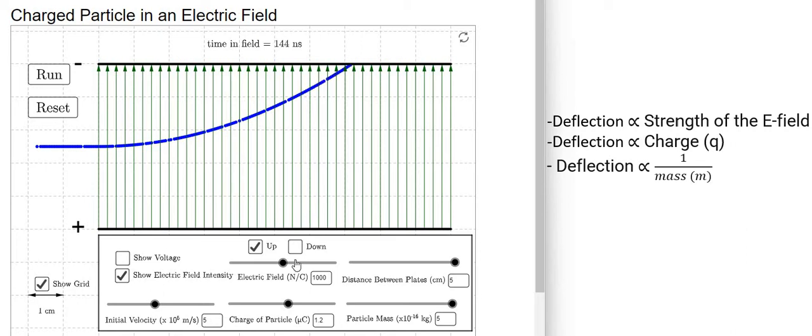Now what will happen if I increase the strength of the electric field? Deflection is directly proportional to the strength of the electric field. That means if I increase the strength of the electric field, the deflection should be more. So I increase the strength of the electric field, for example, to 1200 or 1500. Let us see.